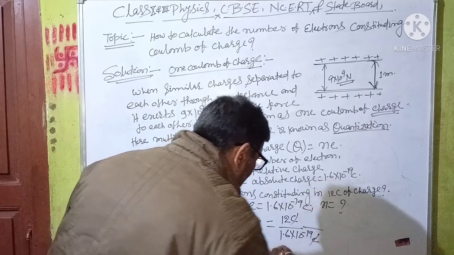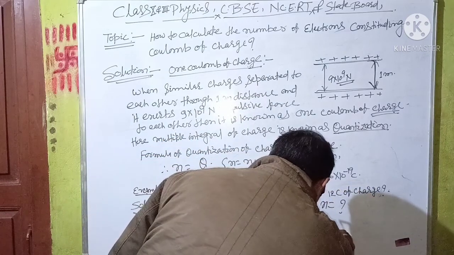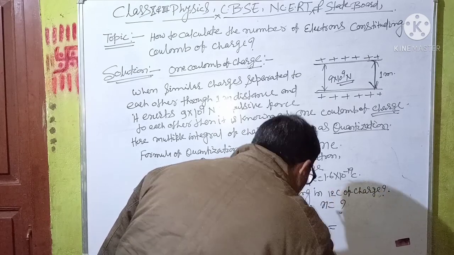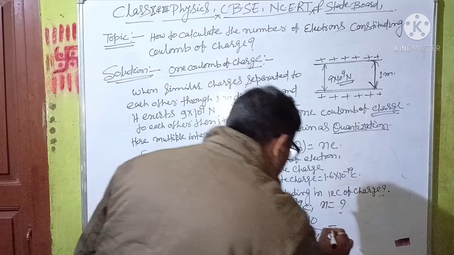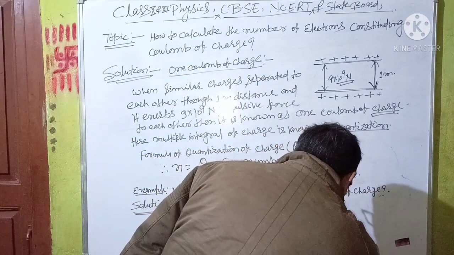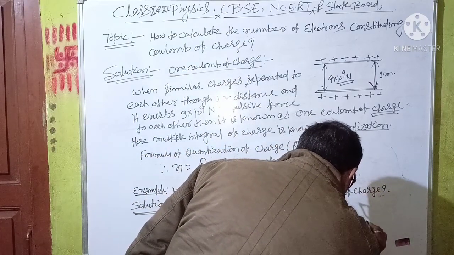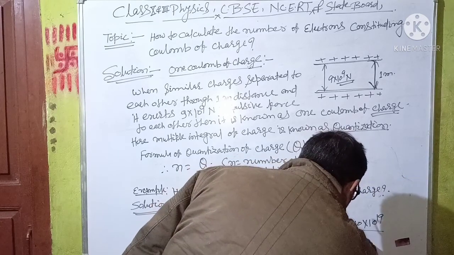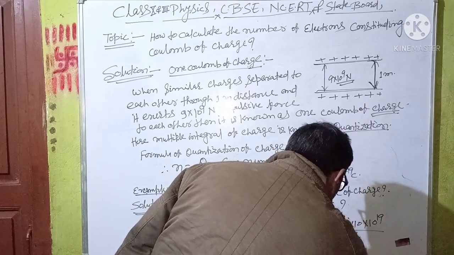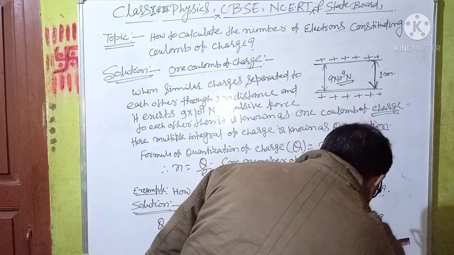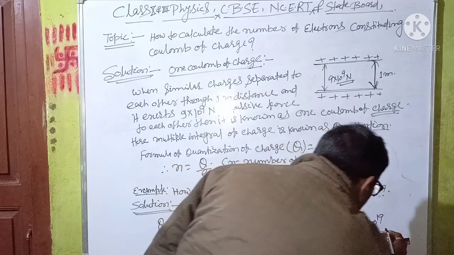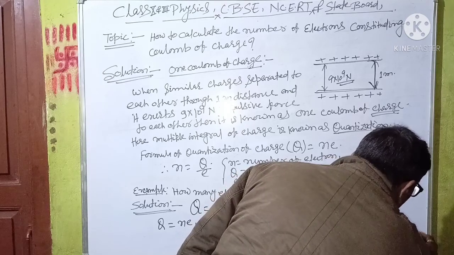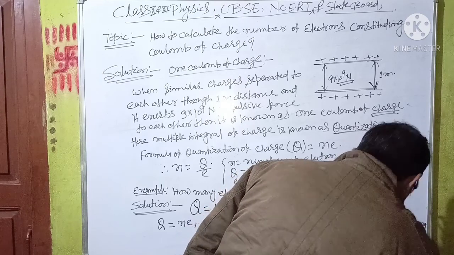Coulomb cancels. Then the decimal is removed, 10 goes into the numerator, and we get 12 into 10 to the power 19 by 16. Now 4 threes are 12 and 4 fours are 16, so this equals 3 by 4 into 10 to the power 19.